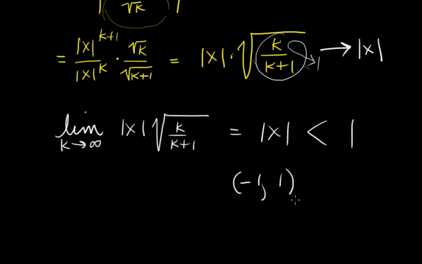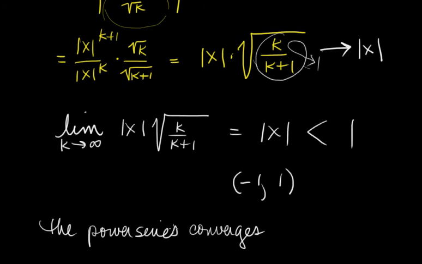So this series converges on the interval minus 1, 1, absolutely. The endpoints, it may converge conditionally, but I could say converges absolutely, but we'll just say converges on the interval minus 1, 1, and the radius of convergence is 1.